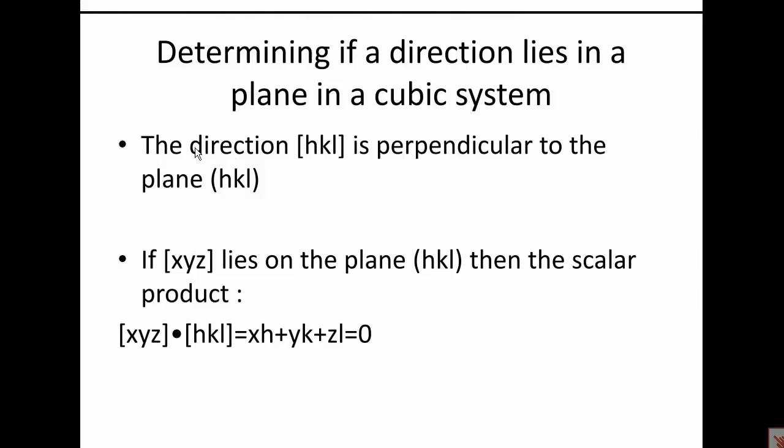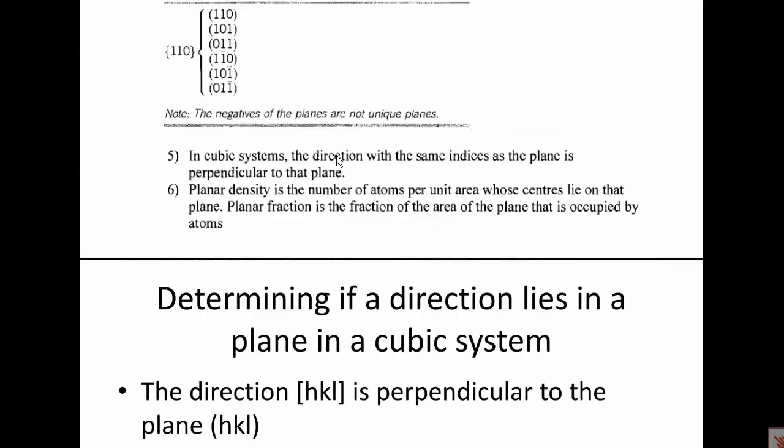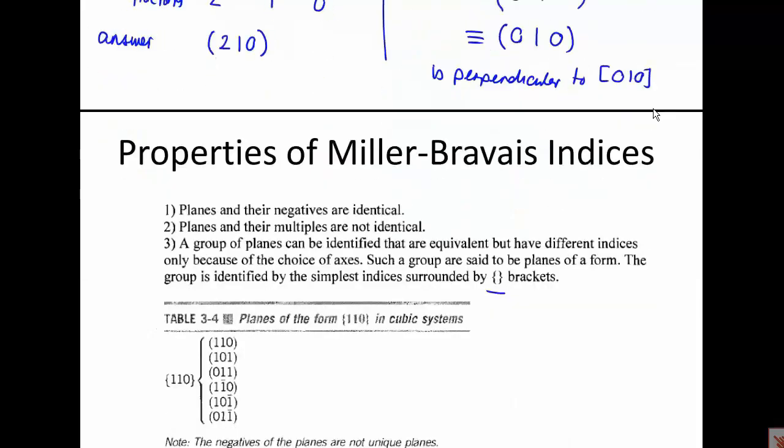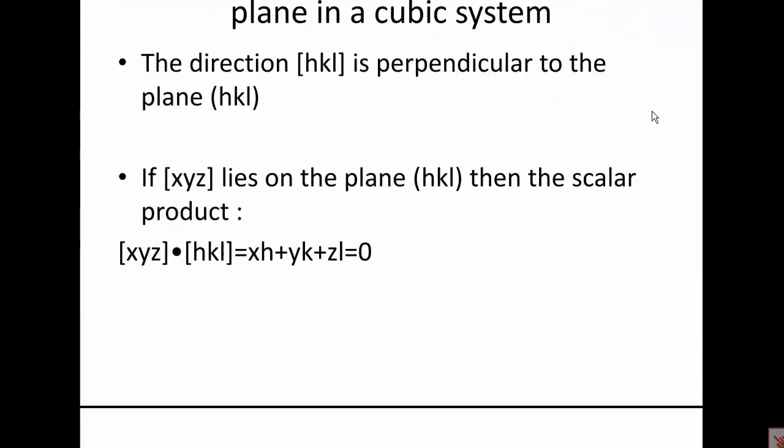We can use the properties that the Miller indices, which are called HKL, are the numbers that we get from the reciprocals of where the plane cuts the x, y, and z axes, respectively.